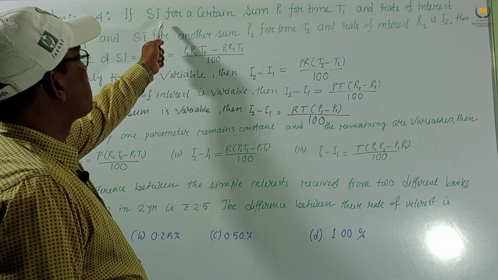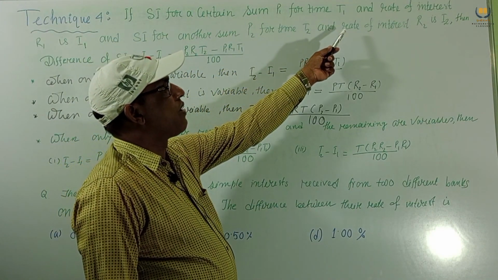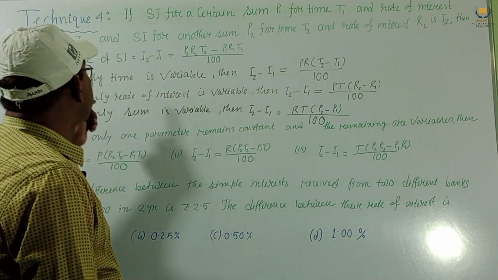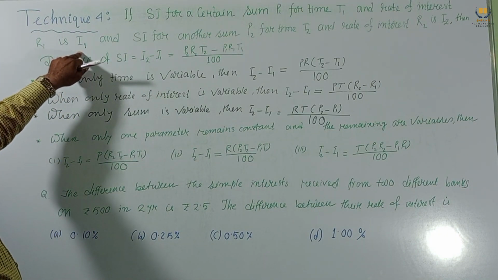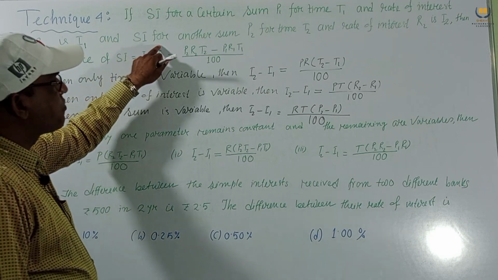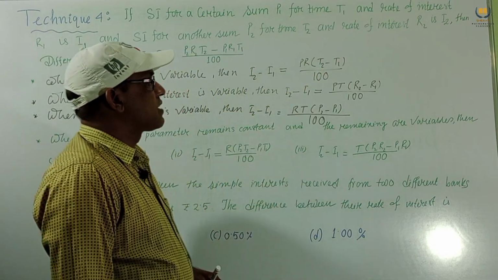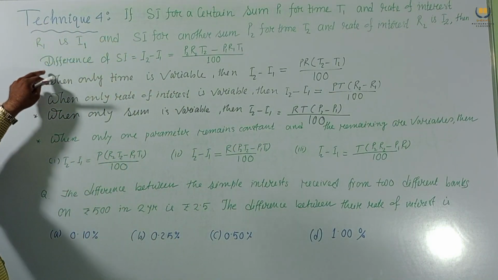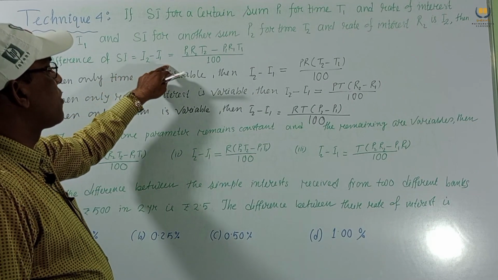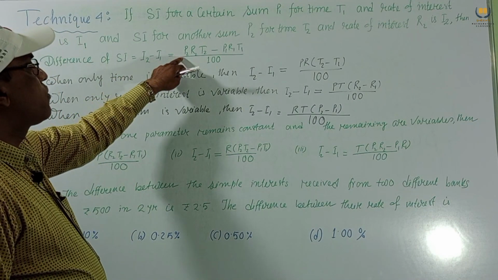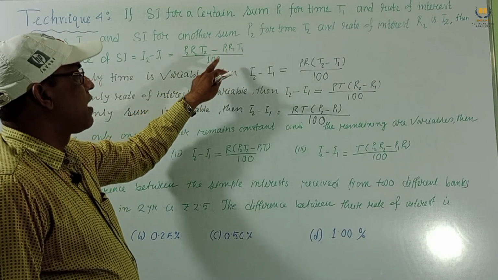If simple interest for a certain sum P1 for time T1 and rate of interest R1 is I1, and simple interest for another sum P2 for time T2 and rate of interest R2 is I2, then the difference of simple interest I2 minus I1 equals (P2 R2 T2 minus P1 R1 T1) by 100.